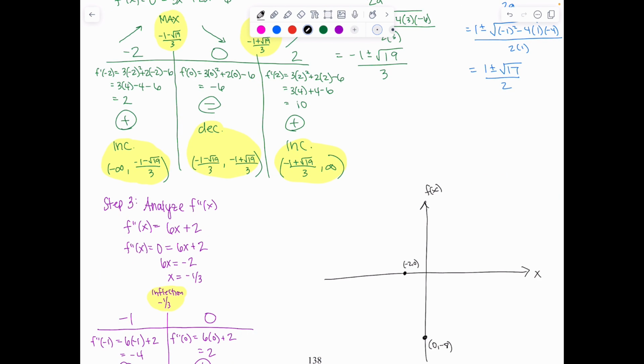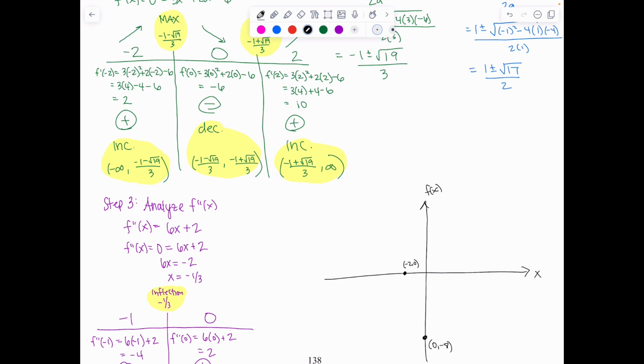And those values, let's get an idea. 1 plus root 17 over 2 is about 2.5.